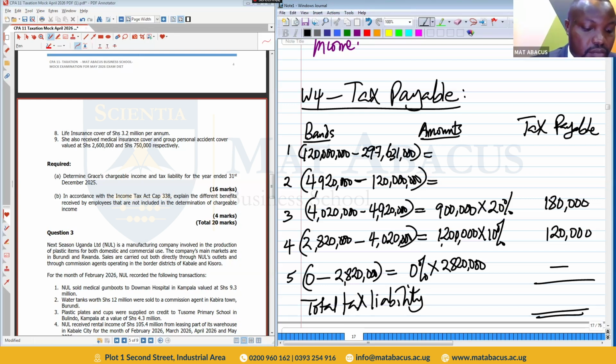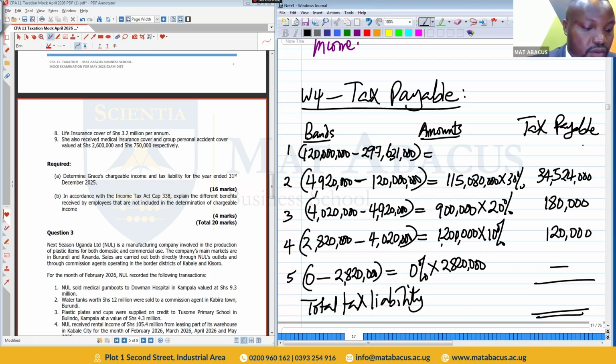Then you get 4,920,000 minus 120 million, which would be 115,080 times 30%, which will give you 34,524,000.